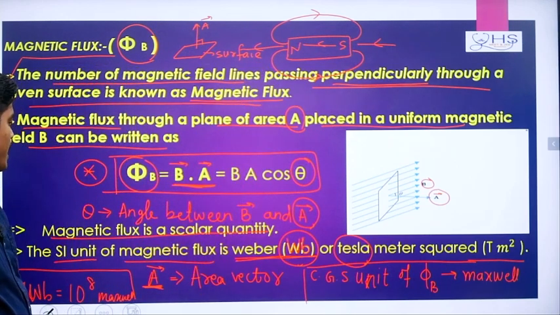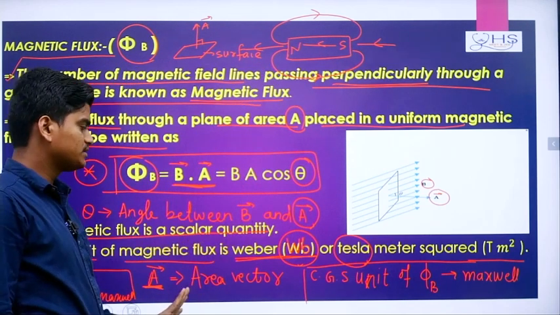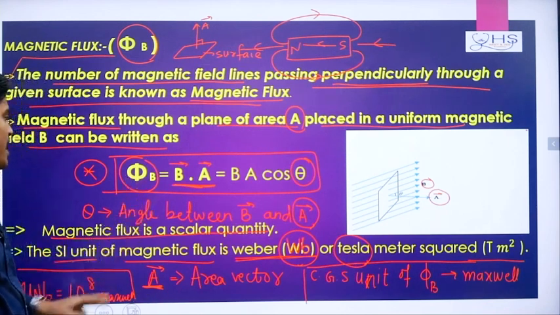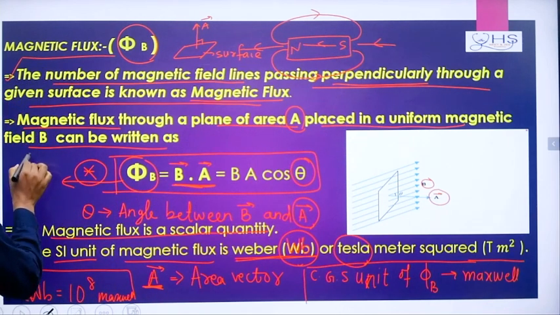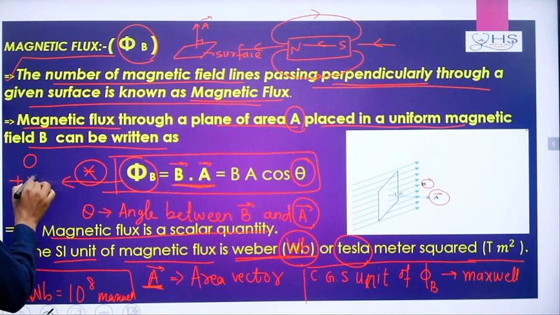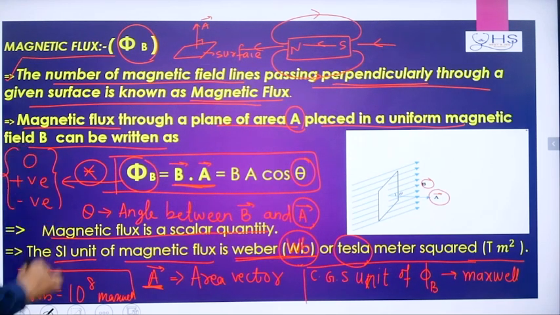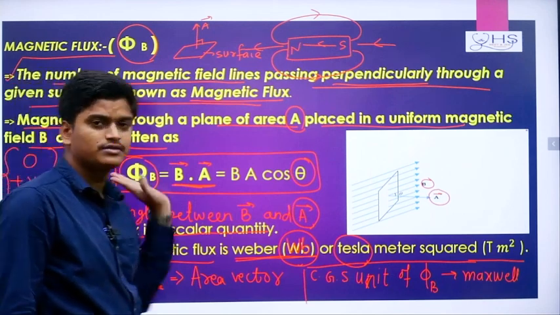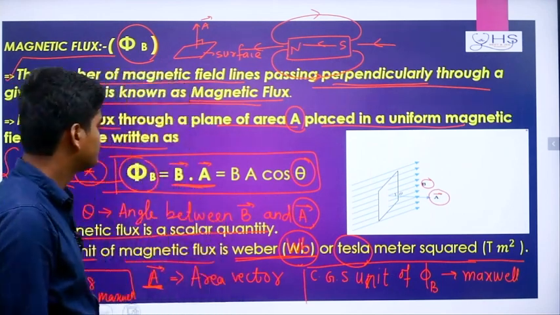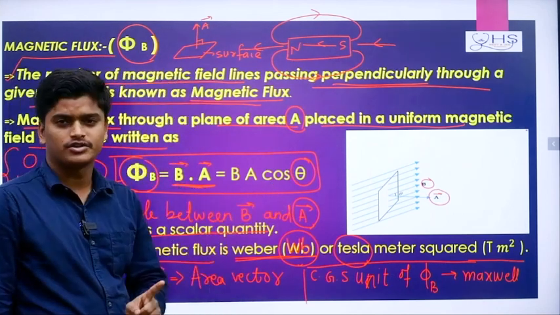And magnetic flux is a scalar quantity. So this magnetic flux value can be 0, positive, or negative, because it depends on cos theta.